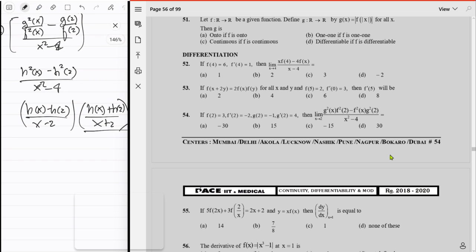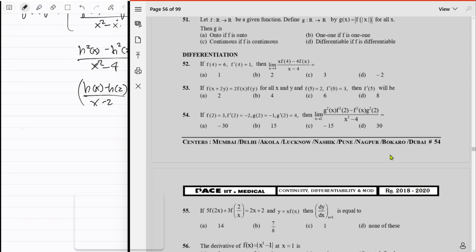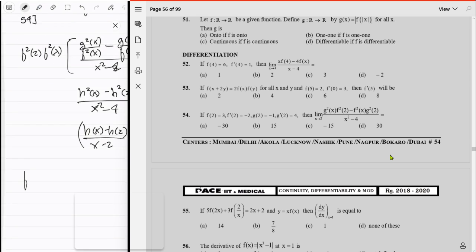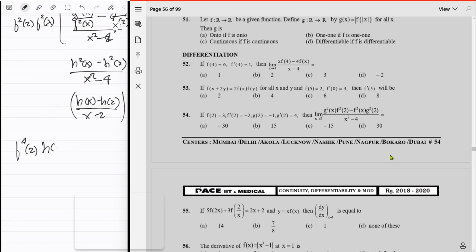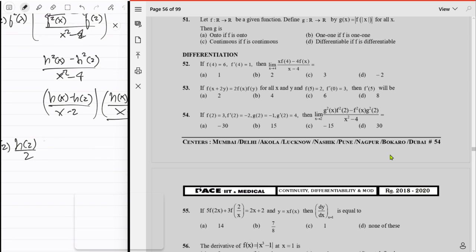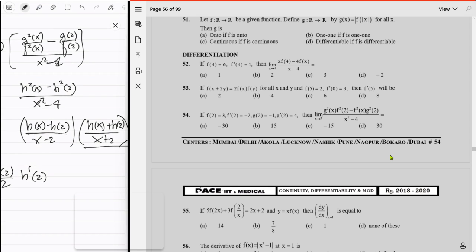So this thing actually just becomes h dash of 2, right? So in the end, what we get is f power 4 of 2, and then h of 2 upon 2, and then h dash of 2, right? Does that look good? This just becomes that, right? Yes.